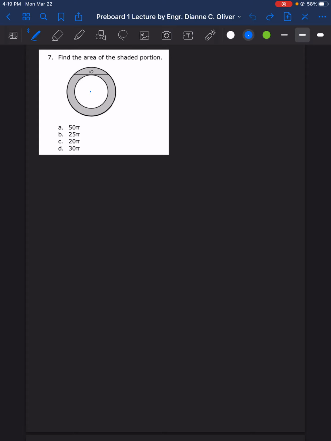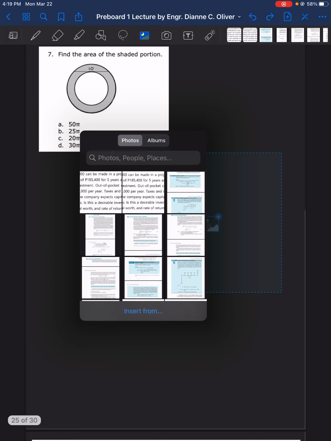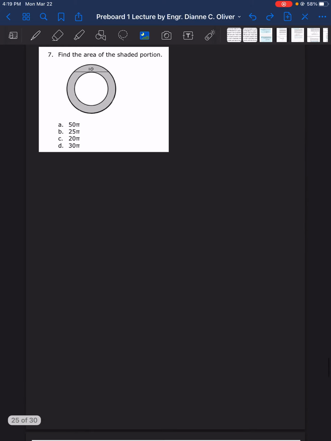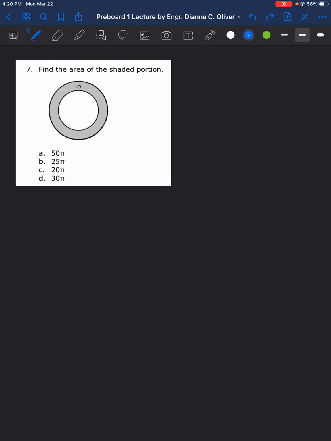Let's have a bigger figure. Oh, cannot find a bigger figure. Okay. So just as I said, from the center, we have the radius r perpendicular to the tangent. This is the radius for the inner circle or the smaller circle.